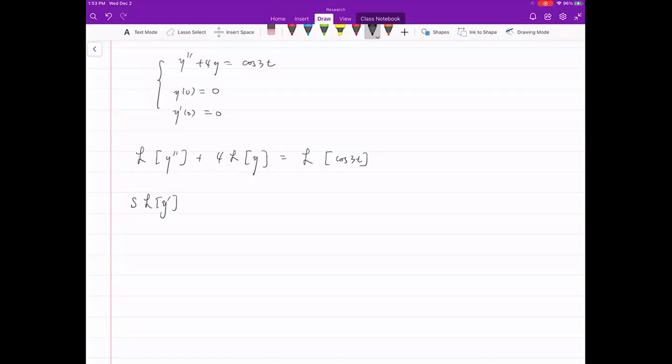There is a minus y(0) here, but I just skip it because you have an initial condition which is 0. So it's not a mistake.